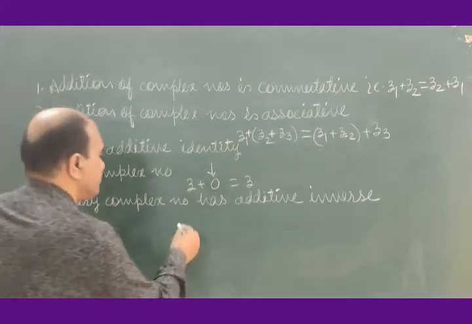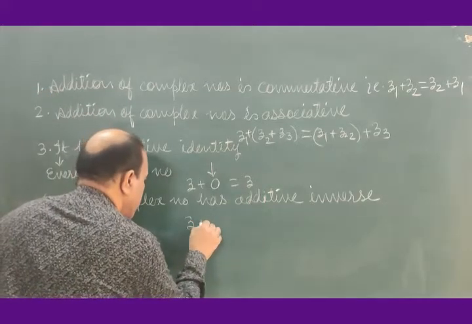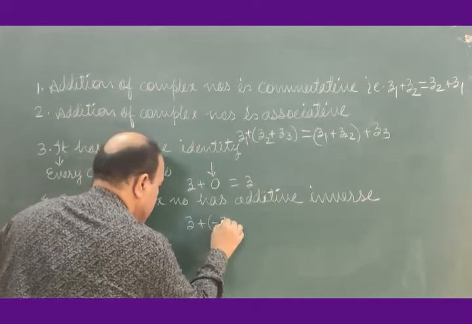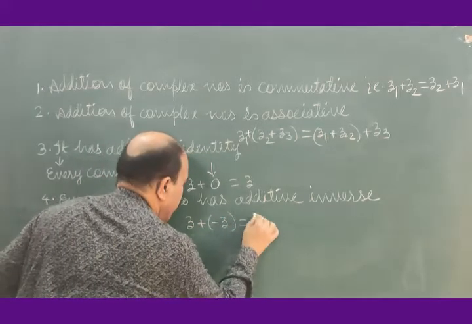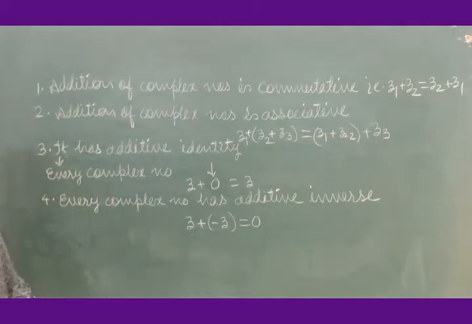For example, Z plus minus Z is equal to 0.